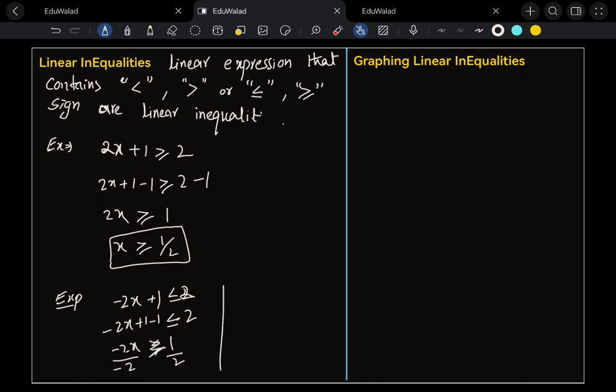So here x is greater than or equal to 1 upon 2. Okay, so we understood that when we divide by negative numbers, the sign will flip.